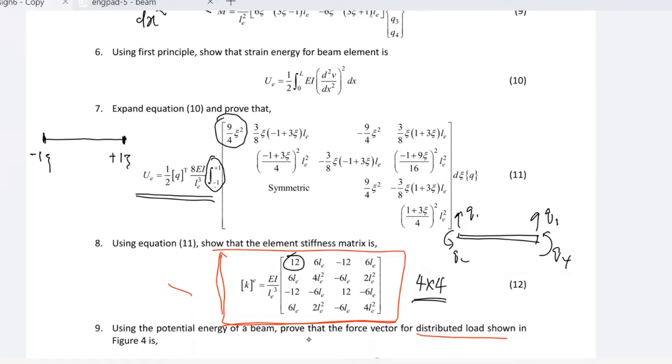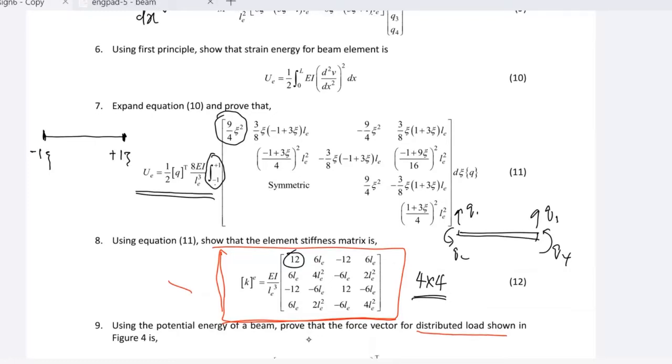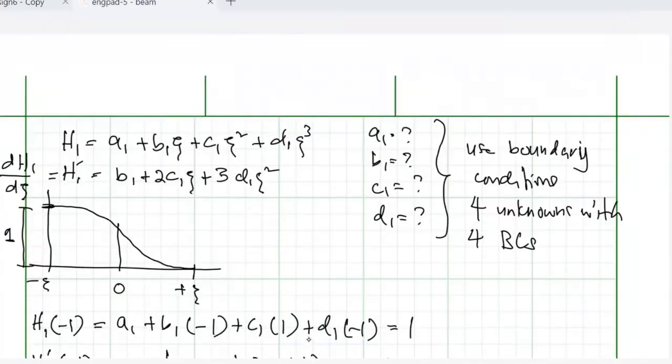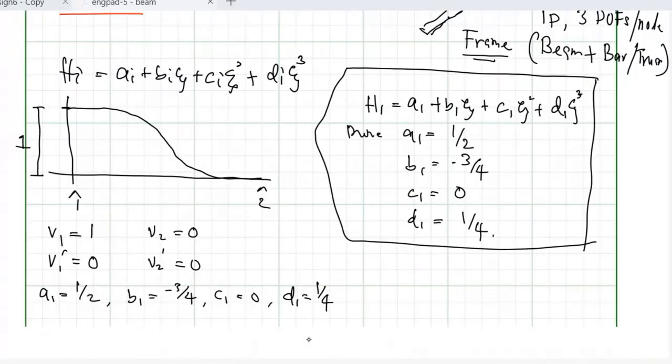But for the frame element, the K matrix will be a 6 by 6, which means it has 3 degrees of freedom per node. I think I mentioned that. Here.